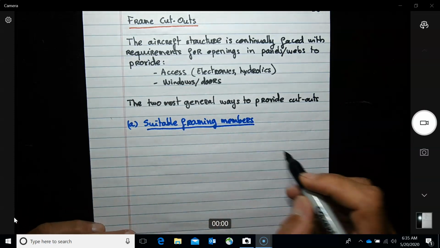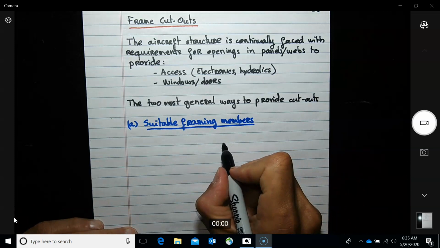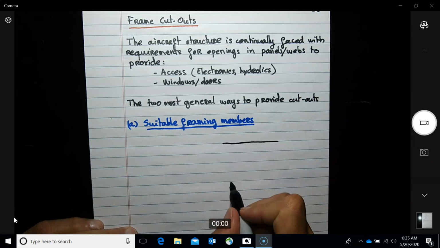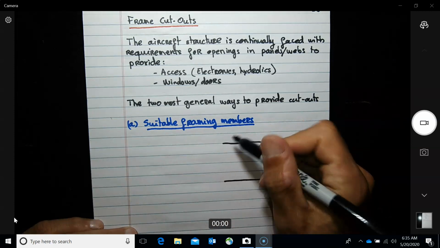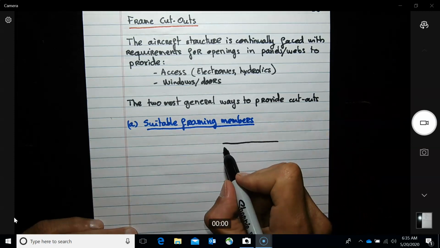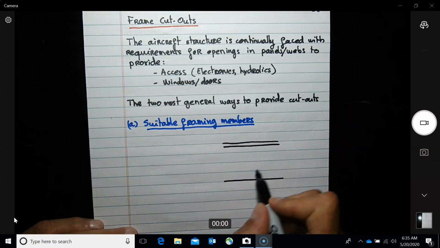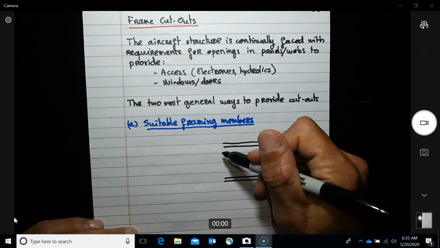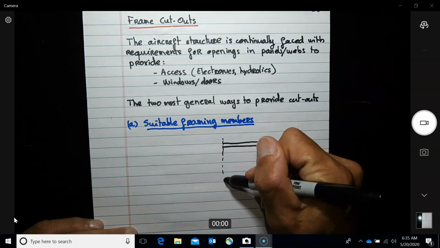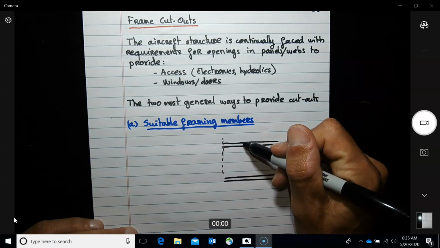So let's say you have an aircraft structure over here, all right, and let's say there will be two flanges over here, and let's try to divide this in 3.